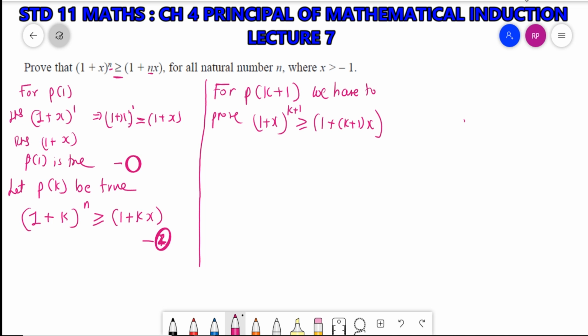Okay, so now let's take this (1 plus x) whole raised to k plus 1. I can write it down in this way: (1 plus x) raised to k times (1 plus x). See, I am using 1 plus x as it is.